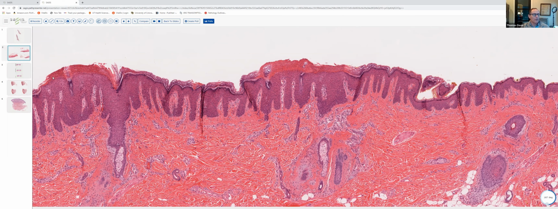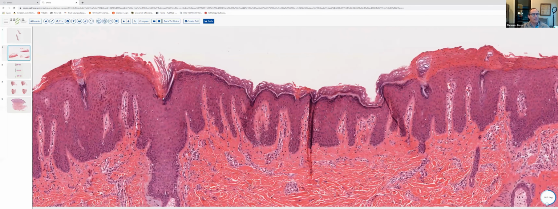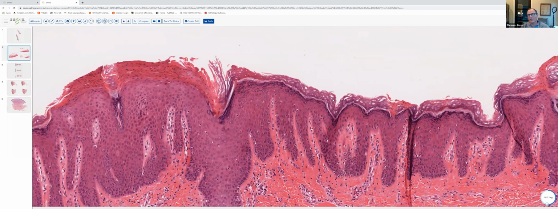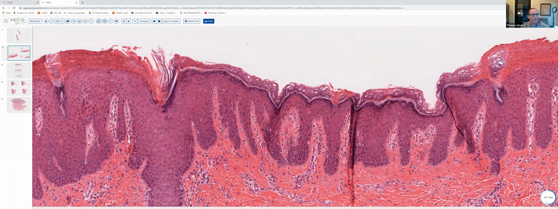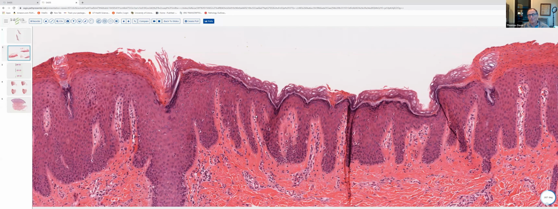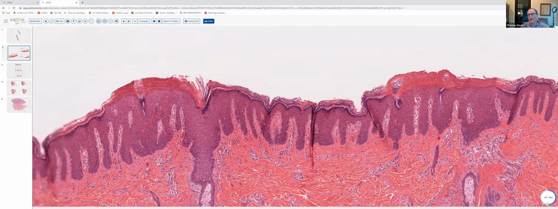And you can see there are alternating zones of the parakeratosis, beneath which, as expected, the granular layer is absent, alternating with these zones of compact ortho or basket weave hyperkeratosis, in which the granular layer is intact, all in the setting of a hyperplastic epidermis, which is somewhat papillated.